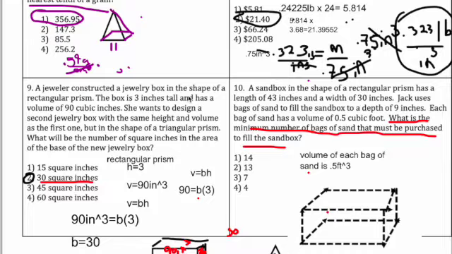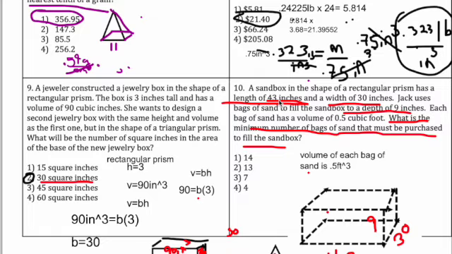Okay, so we know that our sandbox is 43 inches in length, 30 inches wide, and a depth of 9 inches. So it is 9 inches deep, and it's a length of 43 inches by 30 inches.